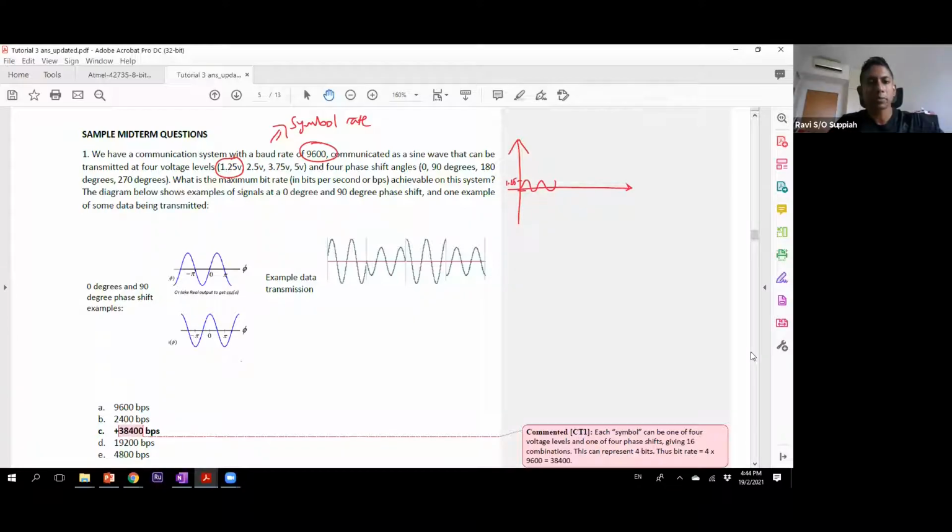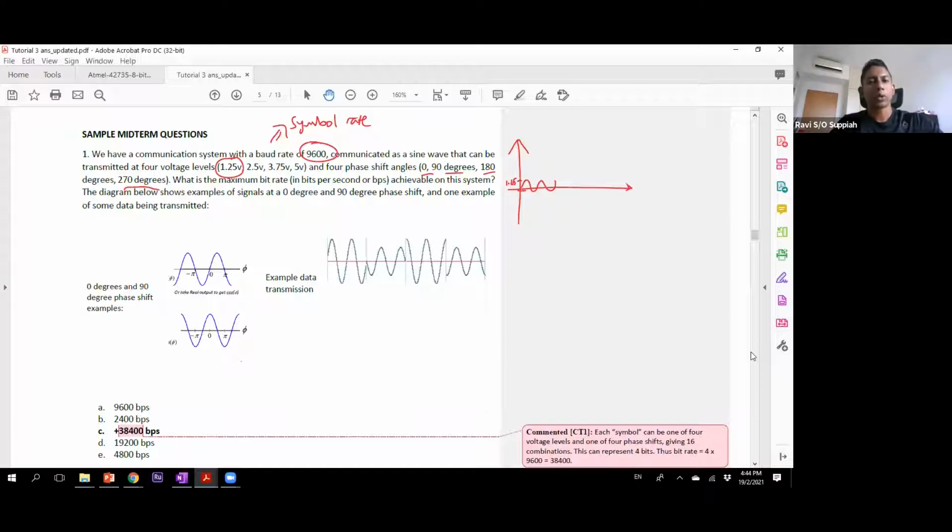So I only transmit at 1.25 volts, but within this same voltage level, I have 4 different phases. Phase is basically the starting point, right? You start at 0 or 180 or 90 or 270, so that depends on your phase. That means at 1.25 volts itself, I have 4 different variations for the information I can represent.